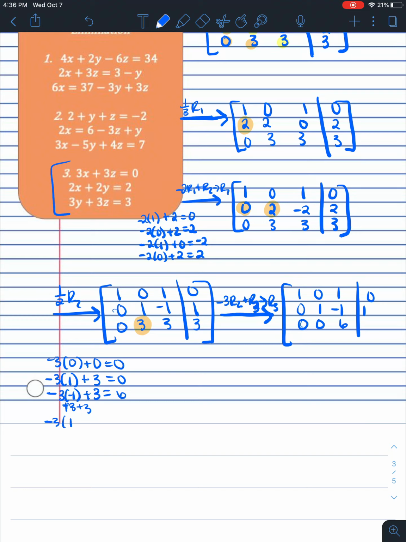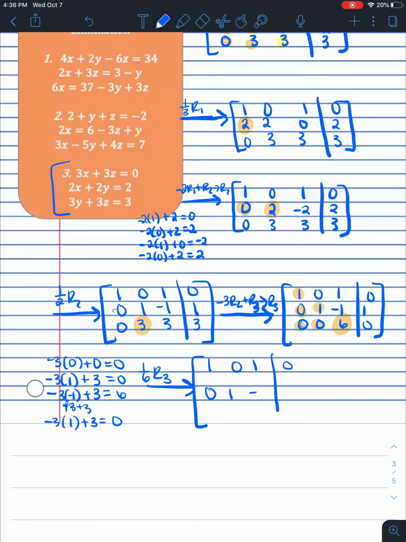Then I'm going to do -3 times the last position of row 2 plus the last position of row 3, which is 0. Okay? So I have 1, 1, 0, 0, 0. So I just need to make this 6 a 1 to be in row echelon form. So 1/6 of row 3 will give me that 1 that I need there.